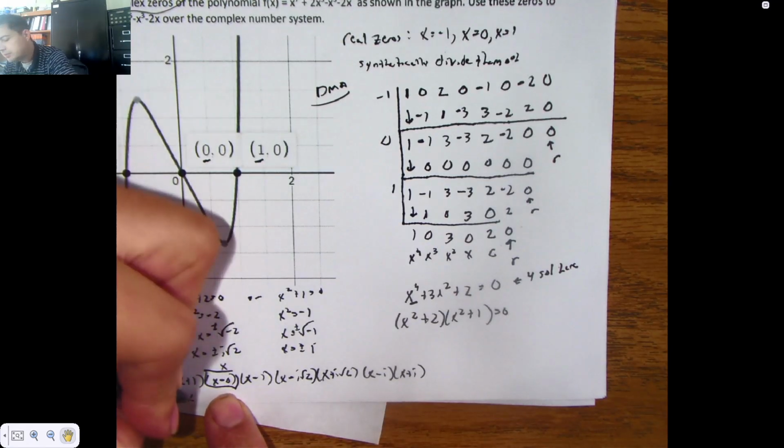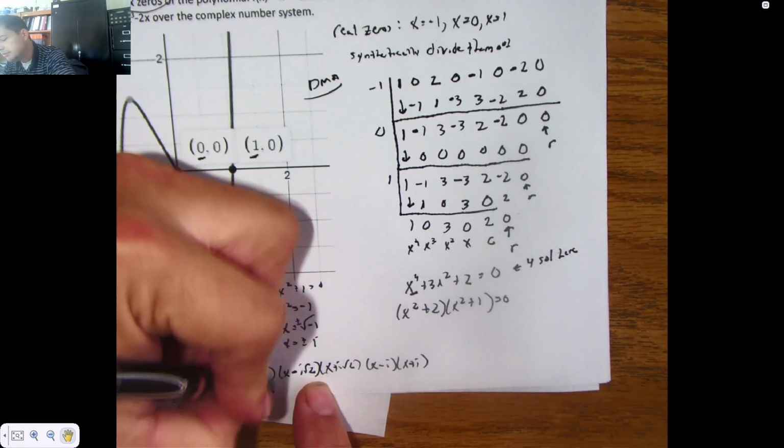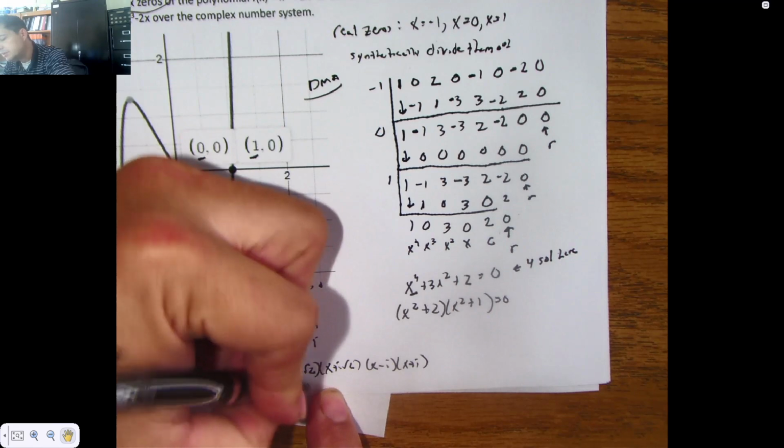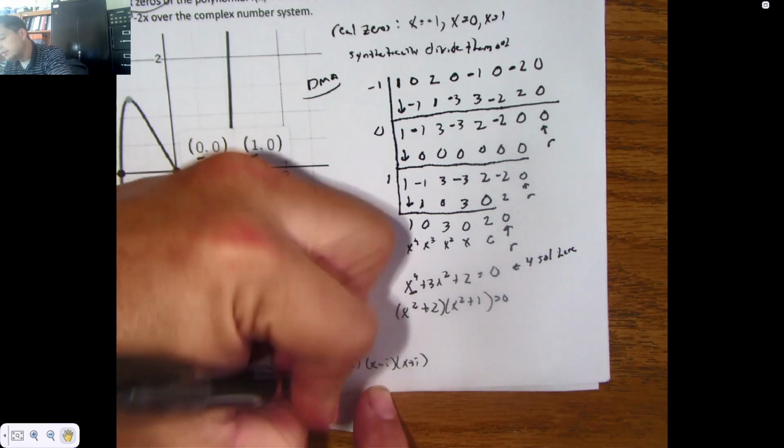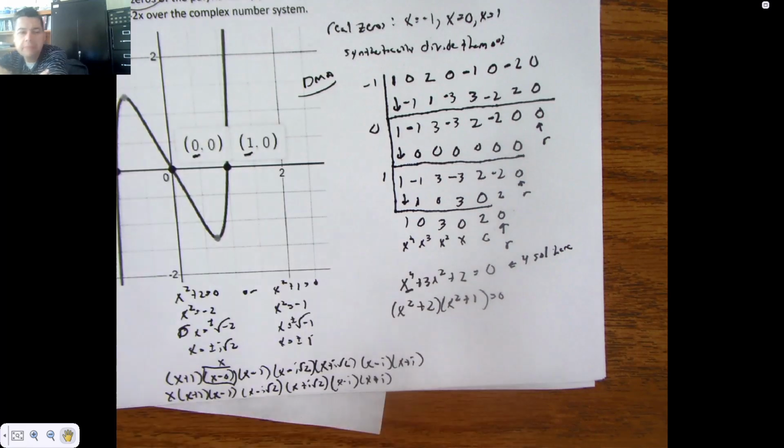So x times x plus 1 times x minus 1 times x minus i root 2 times x plus i root 2, x minus i, and x plus i. And that is a complete factorization over the complex number system of a polynomial.